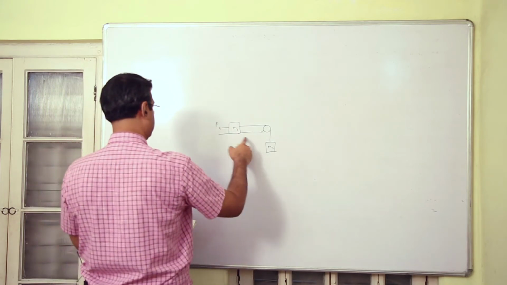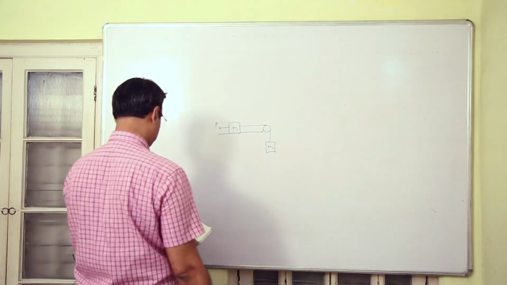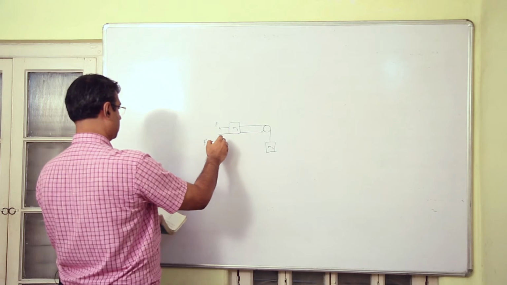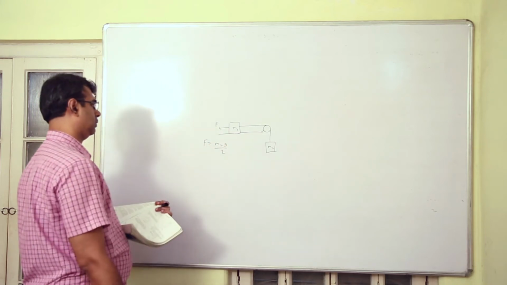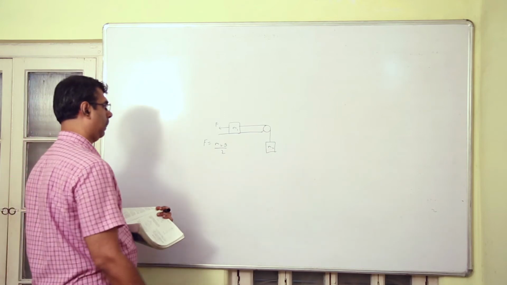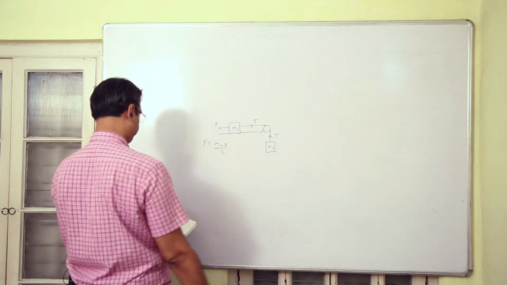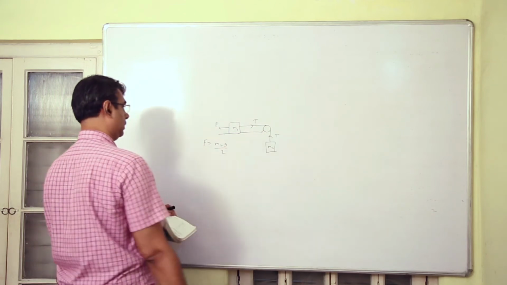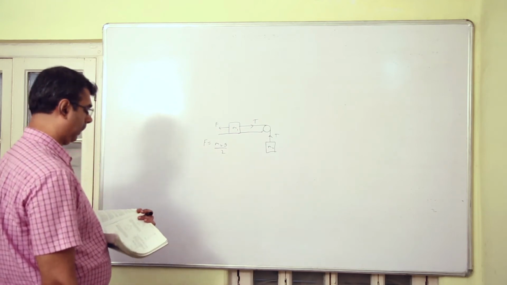Suppose there is a mass m1 and a mass m2, and a force has been applied. This force value is given as m2g by 2. A force has been applied on m1, and the tension in the string is T. So the question is, what is the acceleration of m1? And all the contact surfaces are given to be smooth.